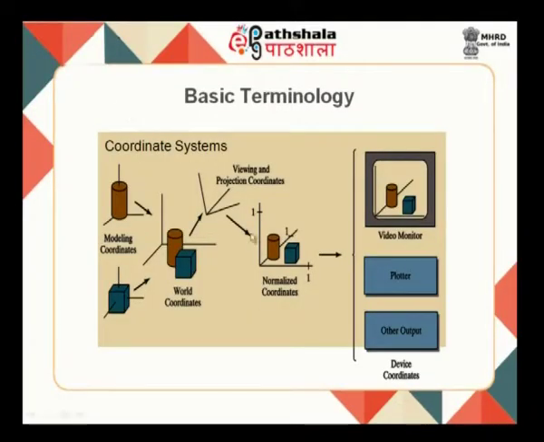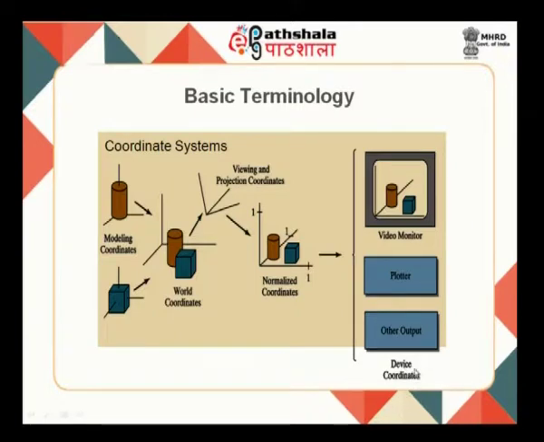So, these are the series of steps that take place right from creating or modeling an object till it is shown or displayed on a display device. These many conversions take place. For each conversion, a lot of matrices are used for conversion from one coordinate system to the other. So, from modeling coordinates to world coordinates to viewing coordinates to projection coordinates to normalized coordinates, and finally to the device coordinates at the end that you see here.